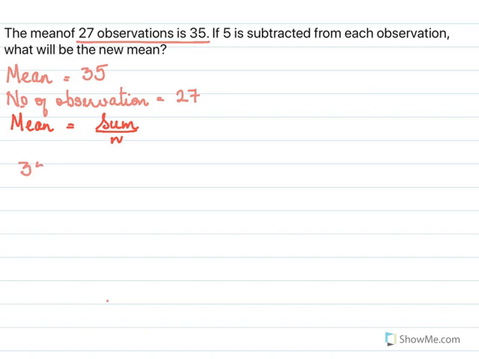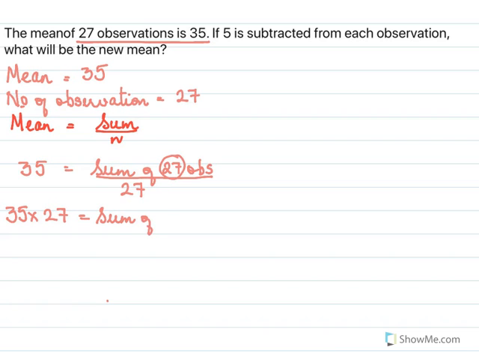In this case, the mean is 35, the sum of 27 observations over number of observations 27. So 35 into 27 is the sum of 27 observations. So 945 equal to sum of 27 observations.